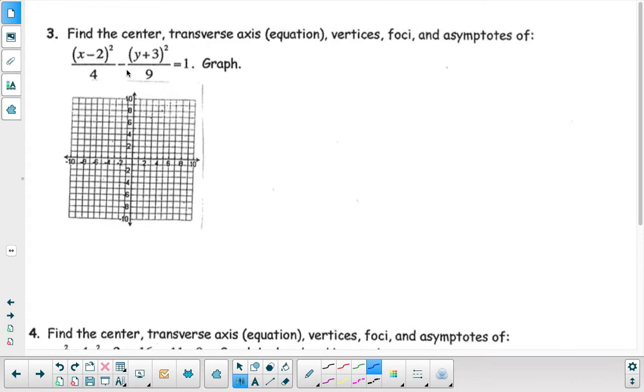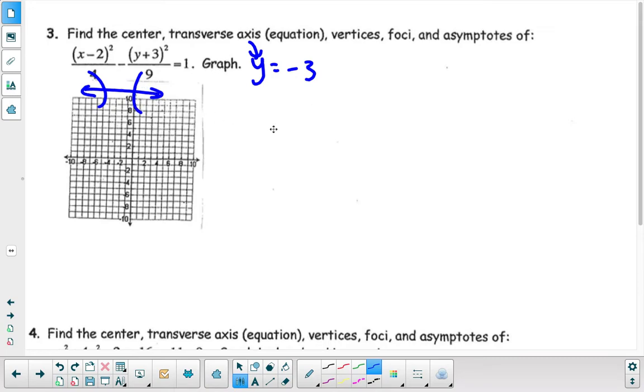Our center, first it's going to be left and right, opening up like that. So we're going to have y equals b our transverse equation. And y equals, it needs to go through the center, so y equals -3 will be our transverse axis equation.